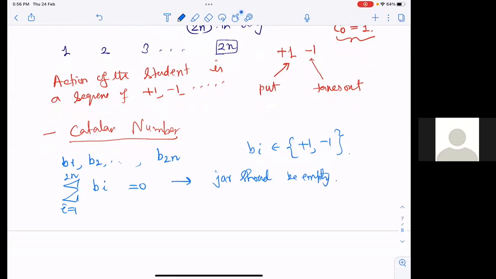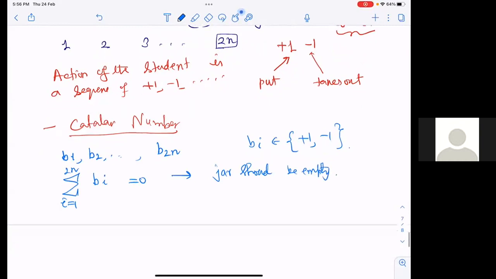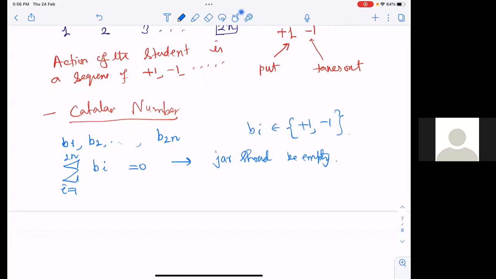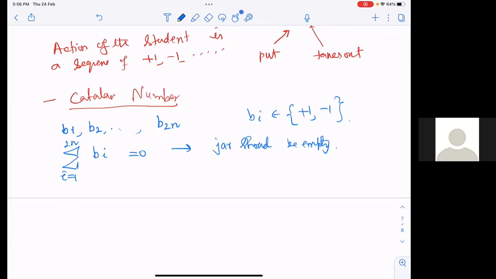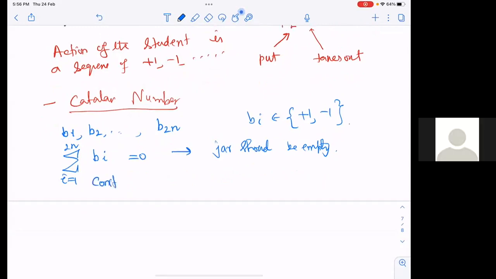The problem in Vijayan's approach that I pointed out puts a constraint on this problem: the jar can never become negative, which is meaningless. So the sum should be non-negative. The constraint is that the summation of bj for j equal to 1 to k, where k is any bound less than 2n, can never be negative. This is a condition you must satisfy, and yet you have to count that number.